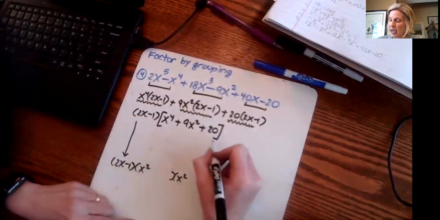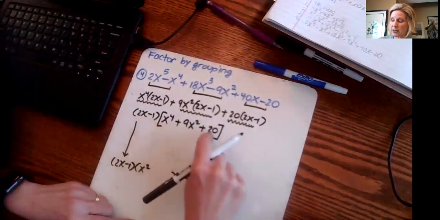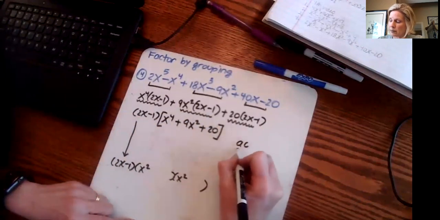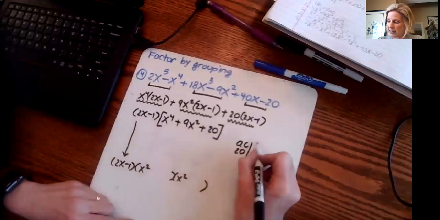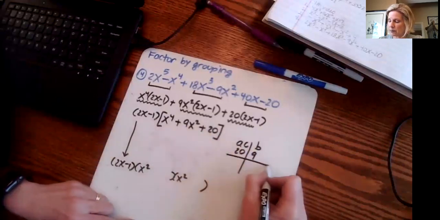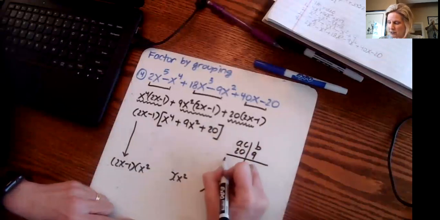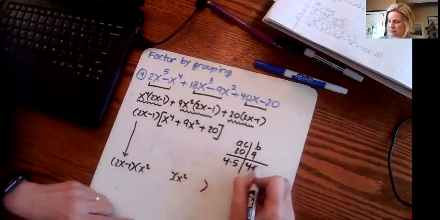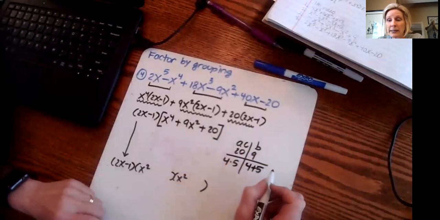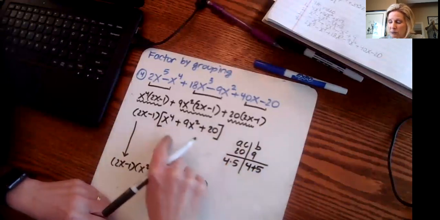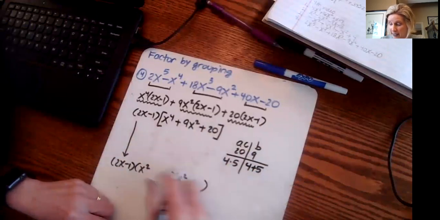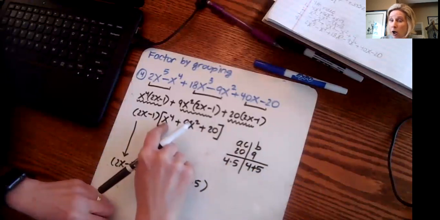So now I'm looking for an AC of 20 and a B value of 9. Are you already thinking 4 times 5, 4 plus 5? Hey, listen, guys, since it's 1X to the 4th, I could skip doing the grouping and I could say plus 4 plus 5. If this is not 1, you can't do that.